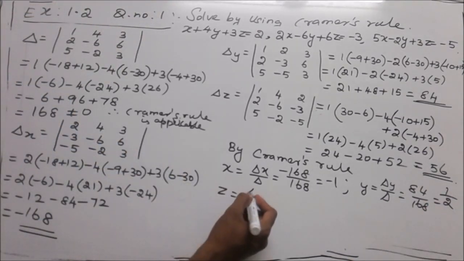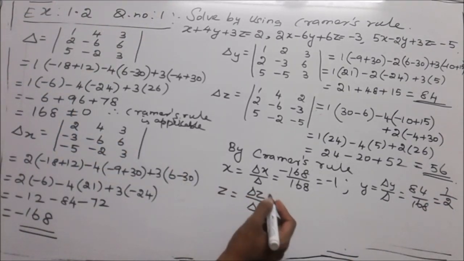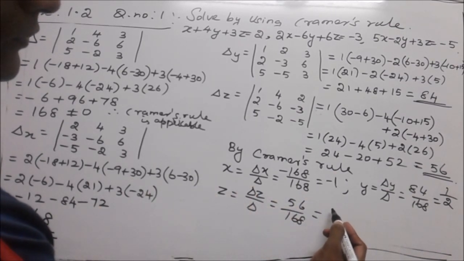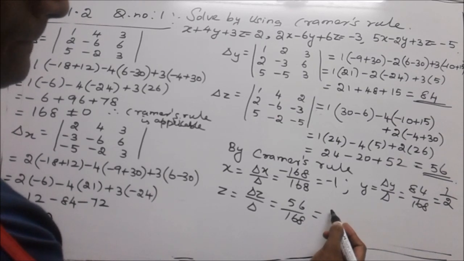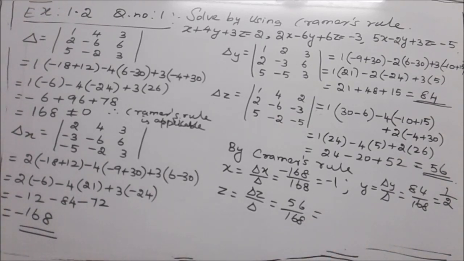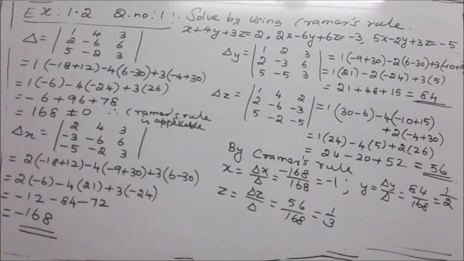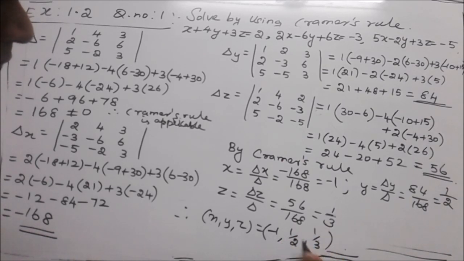Then z equal to delta z by delta, that is equal to 56 divided by 168, that is equal to 1 by 3. Therefore the solution x comma y comma z equal to minus 1 comma 1 by 2 comma 1 by 3.